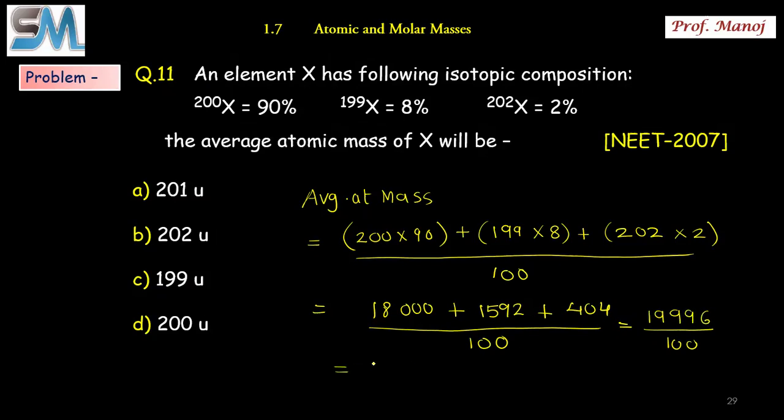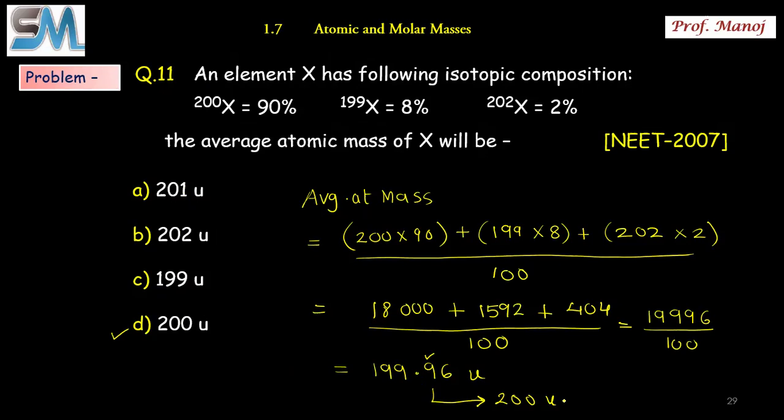So after calculation, the answer is 199.96. If you consider all these numbers, your answer should actually be 200, because 199.96 is not mentioned anywhere. Applying the rounding off rule, this digit is greater than 5, so I add 1, that makes it 200.